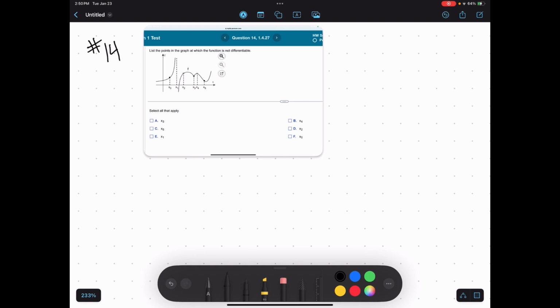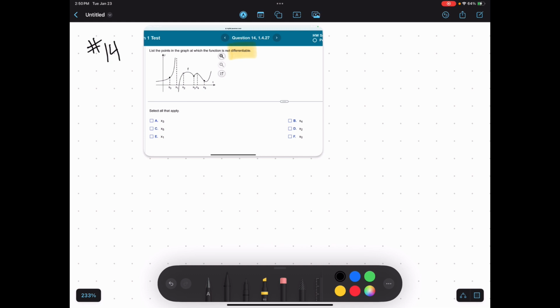Okay, the next problem I wanted to go through is number 14. And the reason why is I'm not sure I talked about this idea of differentiable. I'm not sure I talked about this idea at all in class. So what does it mean for a function to be differentiable? That just means if it's differentiable, it means you can take the derivative at a point. Okay?